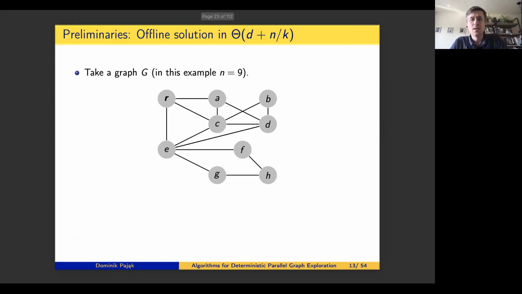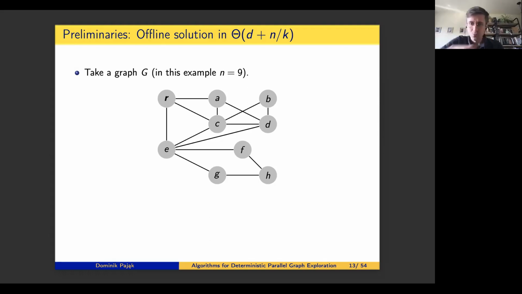In our area we call this an offline solution, a solution where you somehow know the topology of the graph. If you knew the map of the graph, then you could plan the moves of the agents so that they visit all the vertices in time d plus n over k.